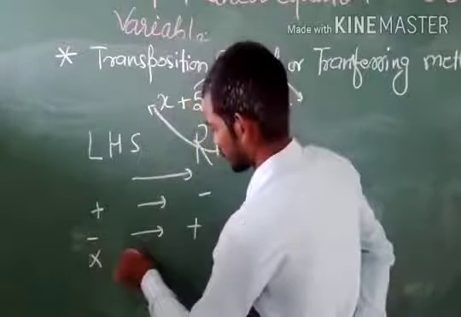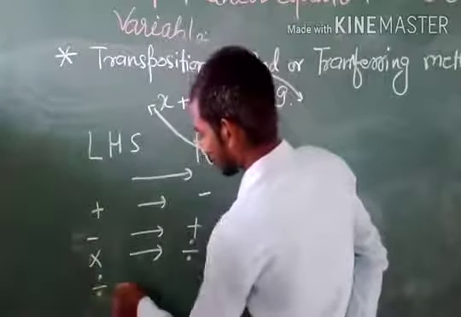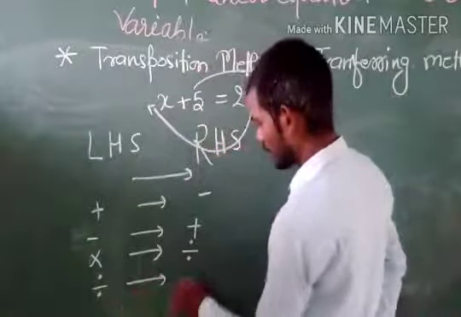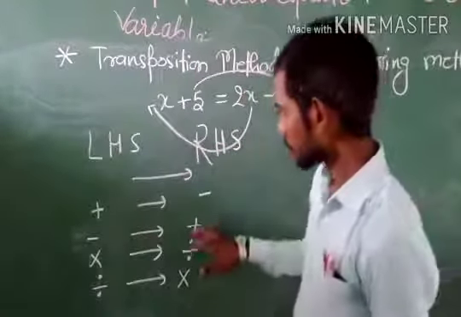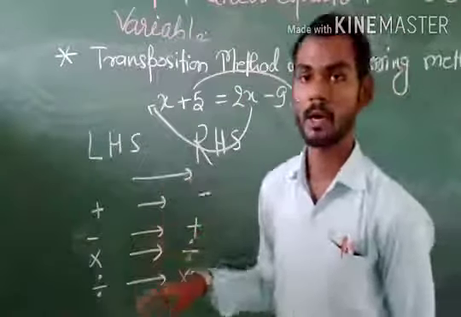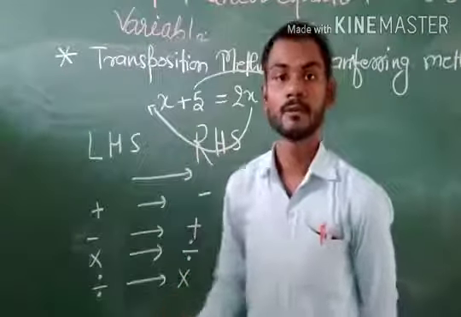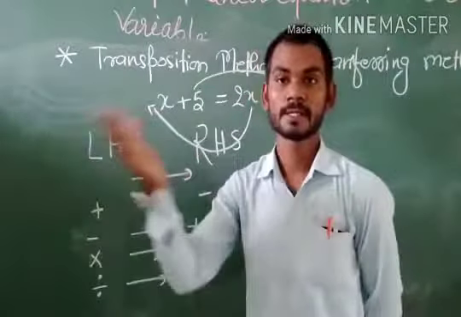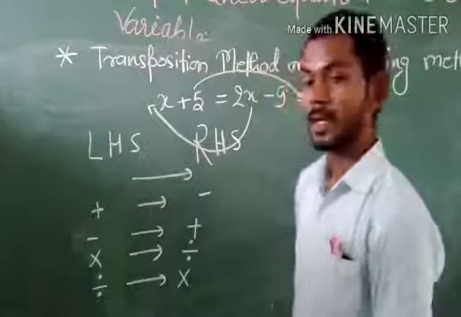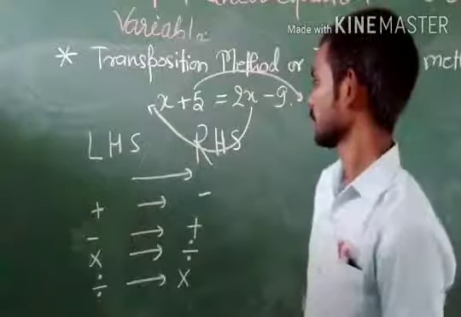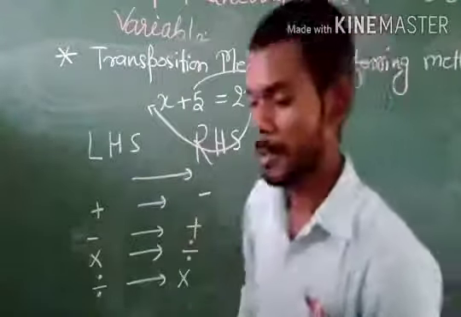Multiplication becomes division, and division, when it goes to the right hand side from the left hand side, becomes multiplication. In the method of transposition, these signs change when we cross from the left hand side to the right hand side and vice versa. So let us see the example in the method.